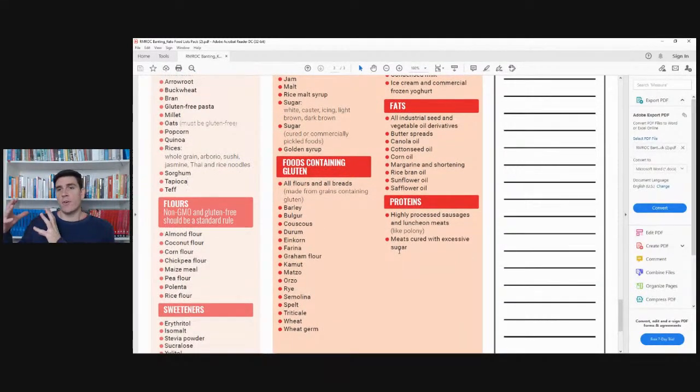And that is even though these grains are high carb, the gluten needs to be avoided for a totally different reason than the reason you would want to avoid a high carb food, because gluten is connected to gut permeability, and what gluten can do is trigger a sort of separation of your gut lining cells. And what that does is allow everything that's in your gut into your bloodstream, and then you end up marinating your whole body in the contents of your stomach.